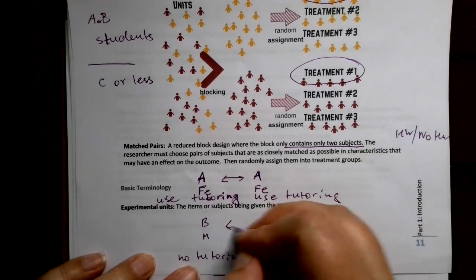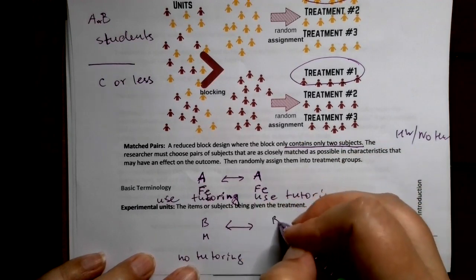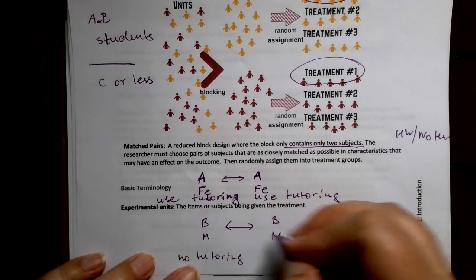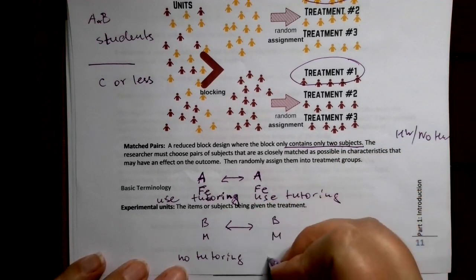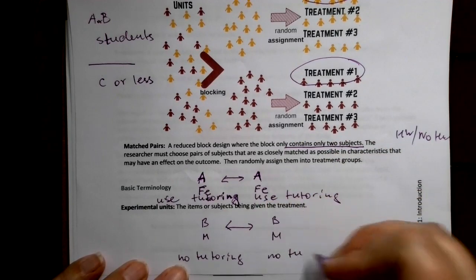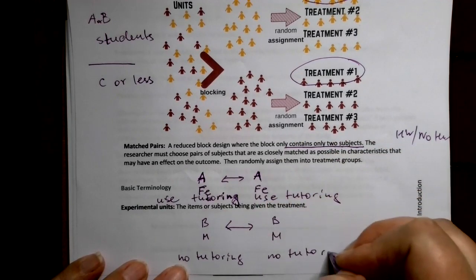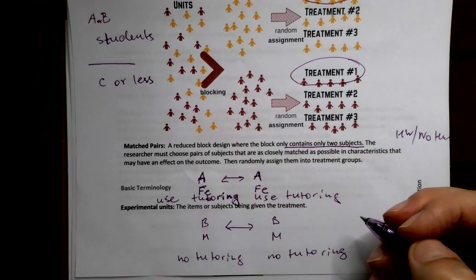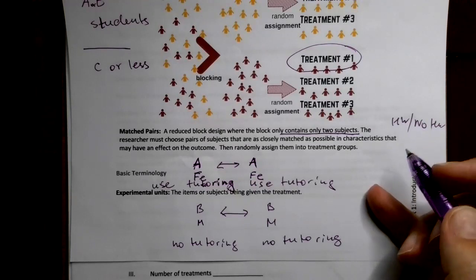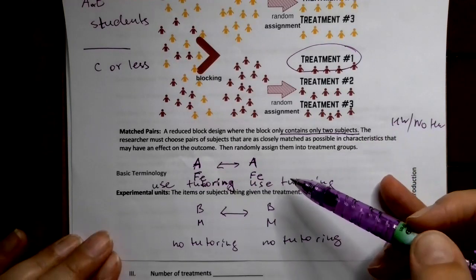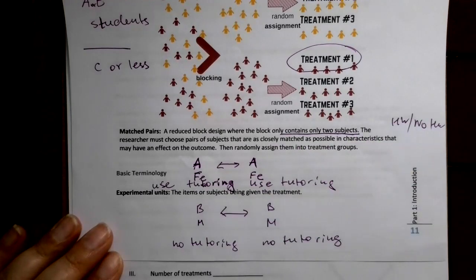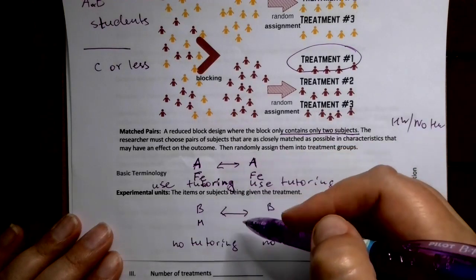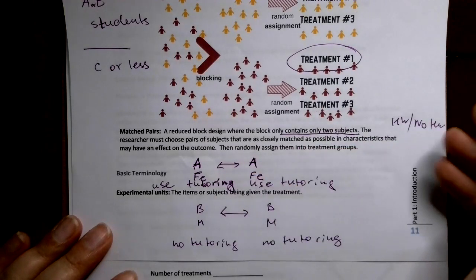I will match that person with another person, a male who also got a B on the first exam and does not use tutoring. And so forth. I will continue this pattern. And so this way, I assign people to the groups as matched pairs.